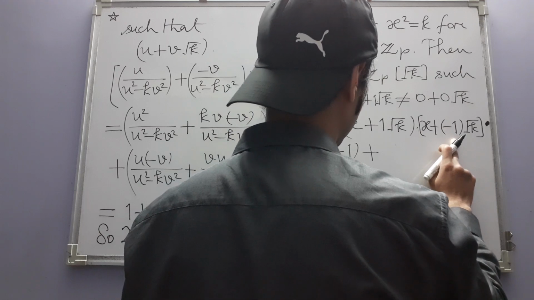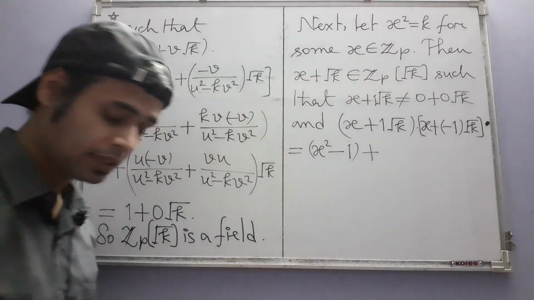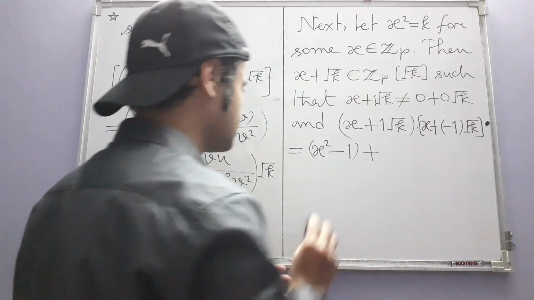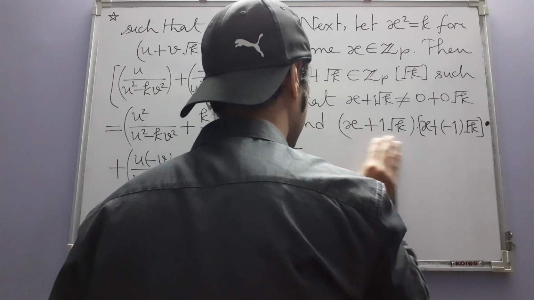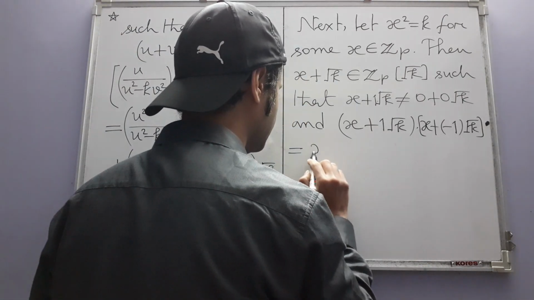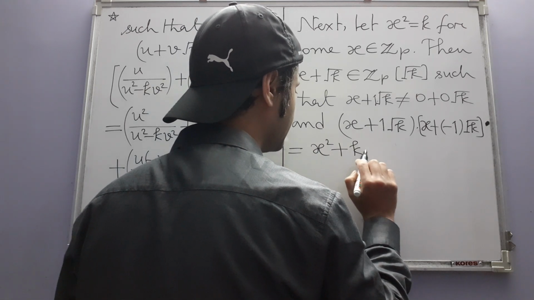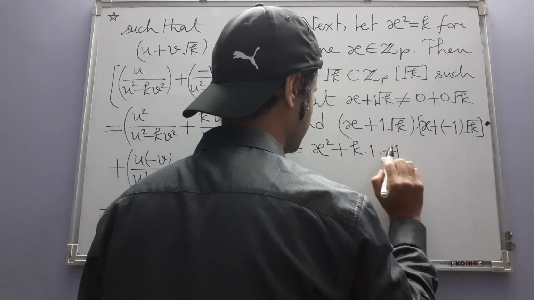Okay. No, see, again I made a mistake. That's not the definition of multiplication, right? The definition is x square plus k times 1 times minus 1. Yes, I forgot that k.